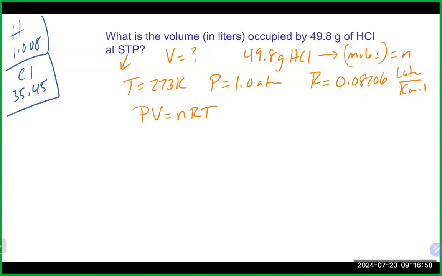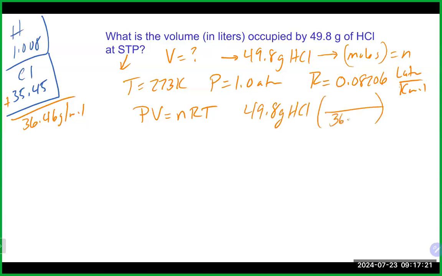So we need to do a little bit of work here. We do need to convert our grams into moles, which again is a very common thing. In this case, we just need to add those two together. It looks like 36.46. So we'll convert our 49.8 grams of HCl into moles using the molar mass.